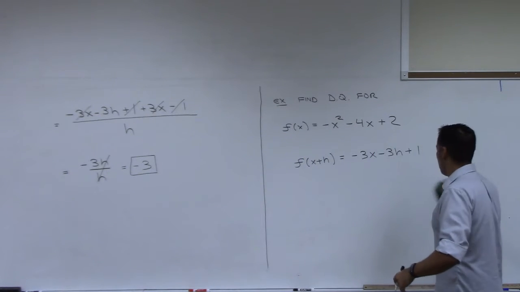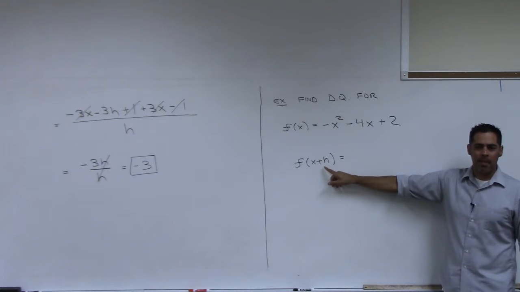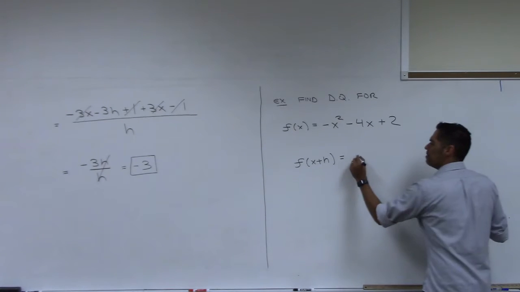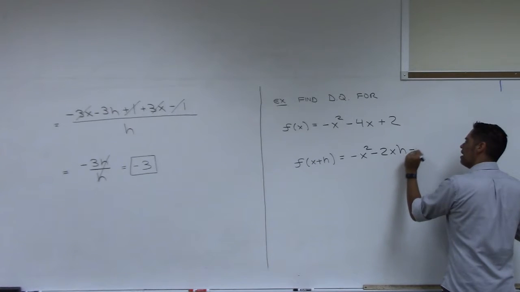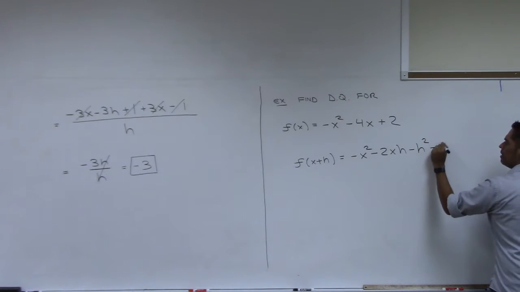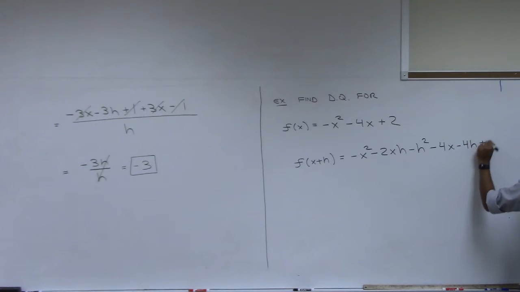But in one of the things I asked you to find this, didn't I? And we did, and it was real ugly, and we couldn't simplify it. What was it again? It was like minus x squared minus 2xh minus h squared minus 4x minus 4h plus 2. Was that it?